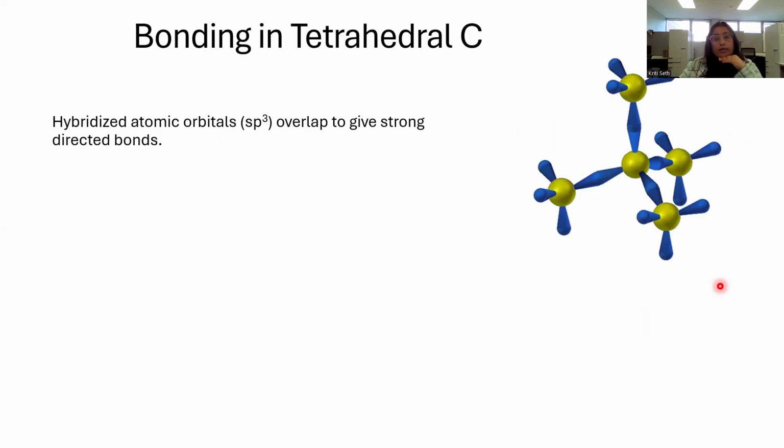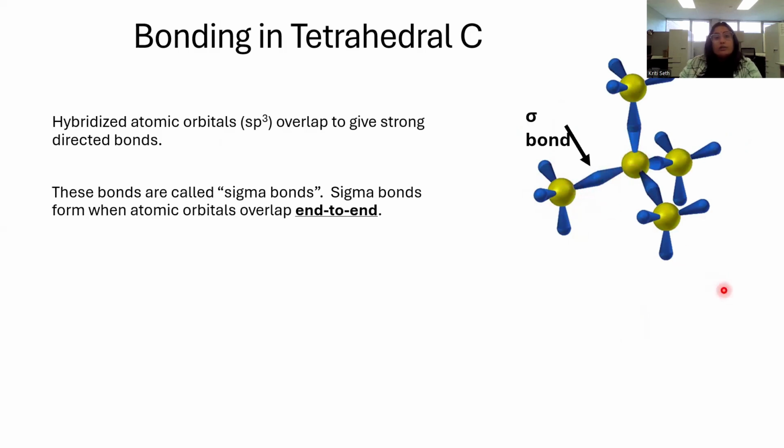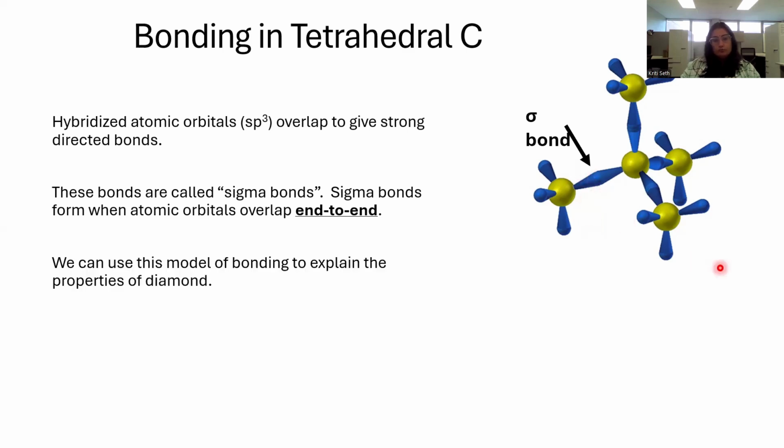So how bonding happens is, say this is one carbon, it has 3 sp3 hybridized orbitals, right? And then it combines with another carbon that has similar sp3 orbitals. So they give strong directed bonds. They are called sigma bonds because they form by end-to-end overlap. So electrons are shared equally between these two.